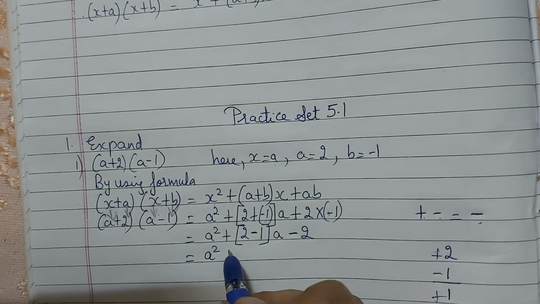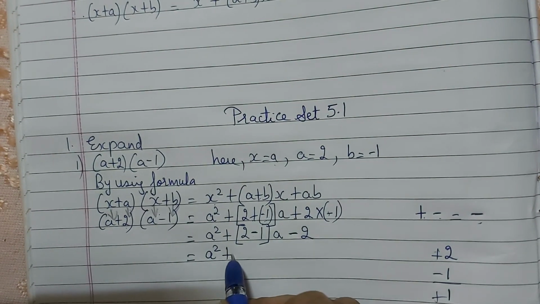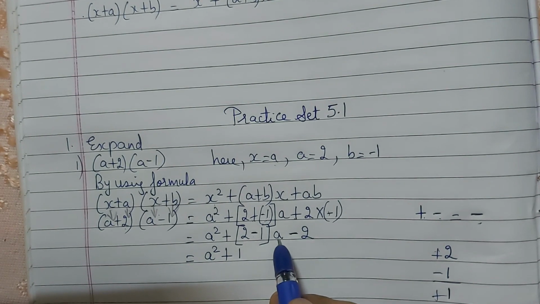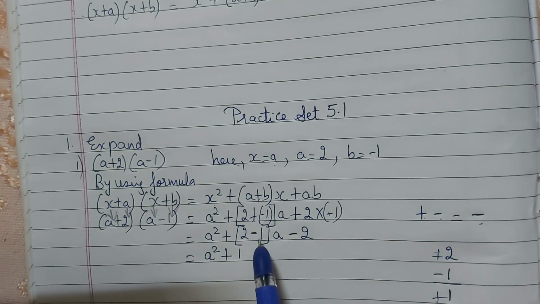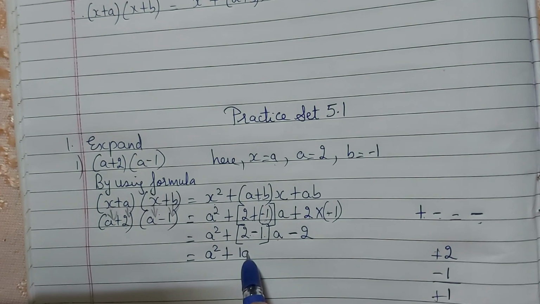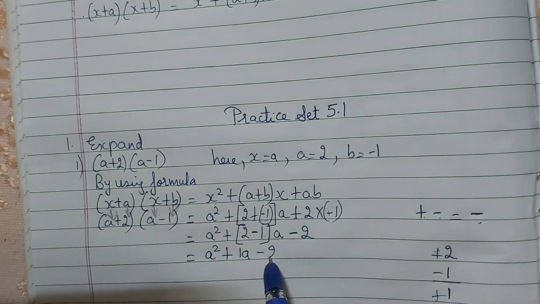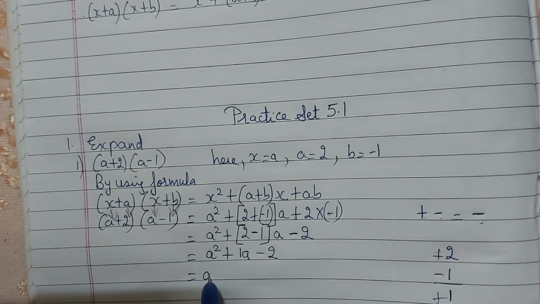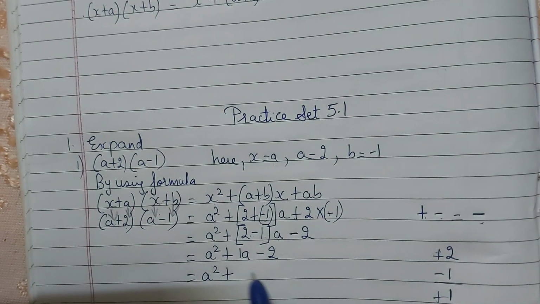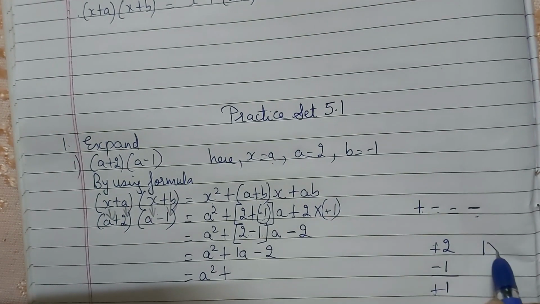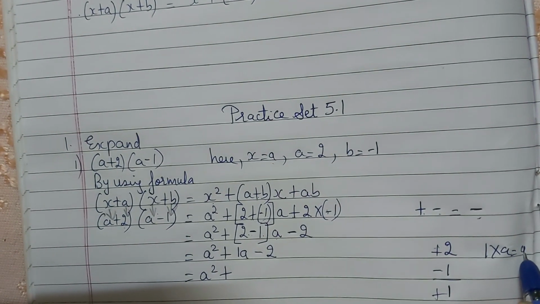So we will put over here plus 1 multiplied by a. Now this one we got 2 minus 1, okay, 2 minus 1 is 1. So 1 multiplied by a is 1a, minus 2 is equal to a square plus 1 multiplied by a.